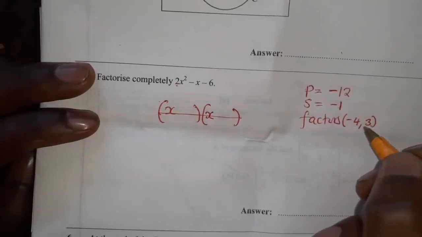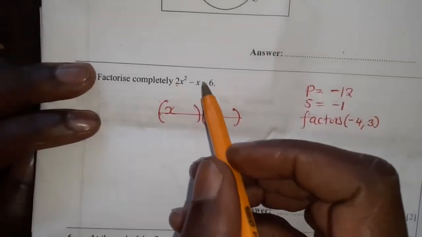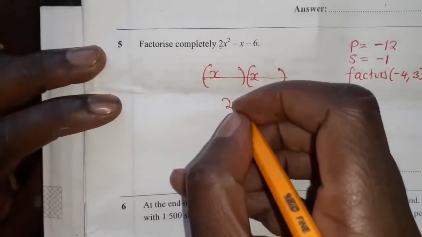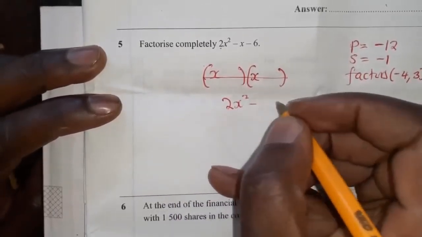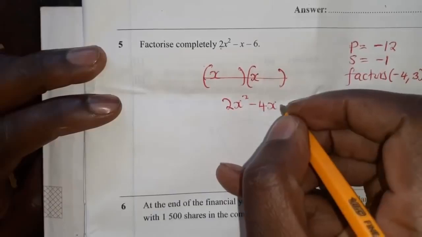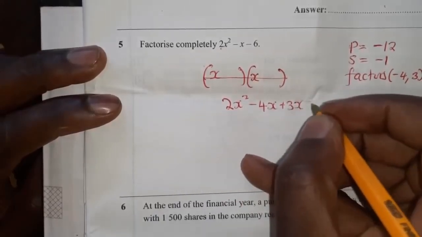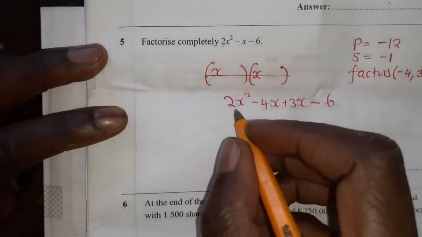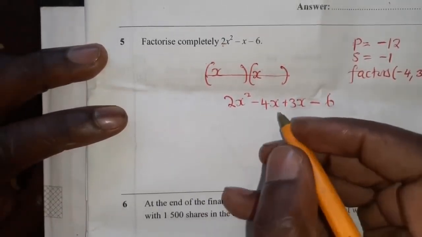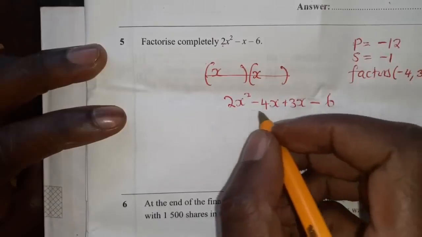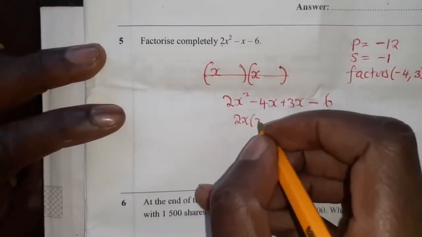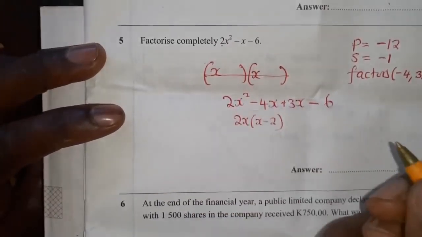So we expand this part using the factors. So we're going to have 2x squared minus 4x plus 3x minus 6. Okay, then here we factorize what is common. On the first one, we use grouping terms here. So we have 2x, x minus 2 here.